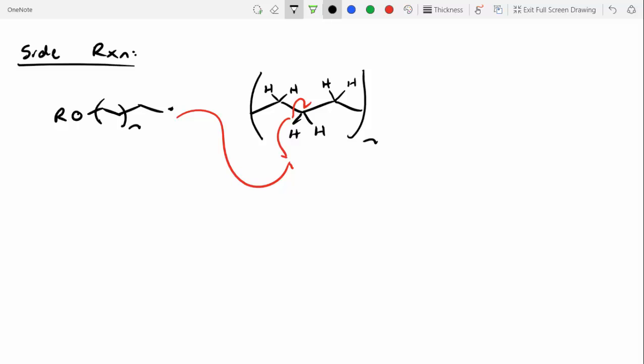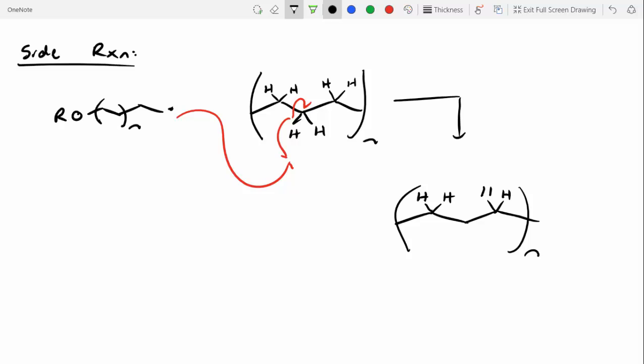And when it does that, you now get a new radical that's formed off of the inside of one of these polymers.